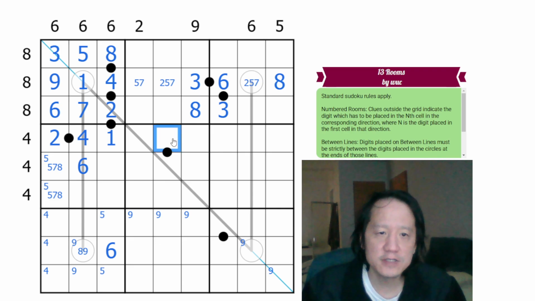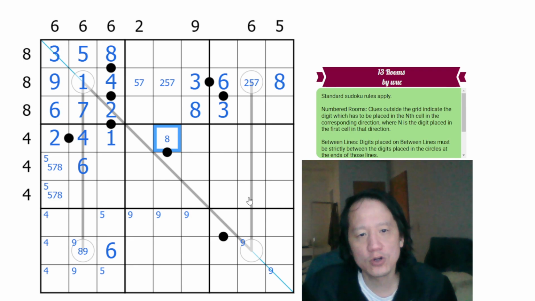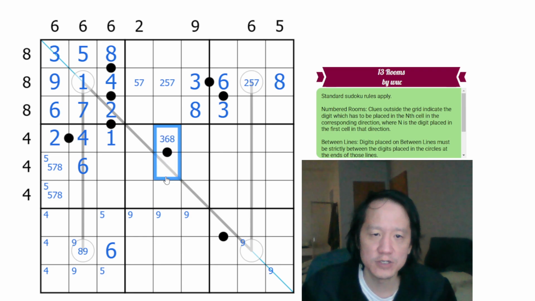Okay, this can't be 1, 2, or 4, so it could be 8, or it could be 3 or 6 to maintain a 1 to 2 ratio. However, this could be 4, so 8 and 4 still works. If this is 3, this would have to be 6, but that can't be 6 because this 6 sees it, so this can't be 3.